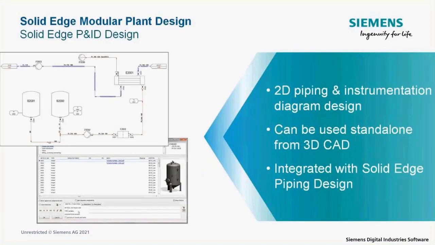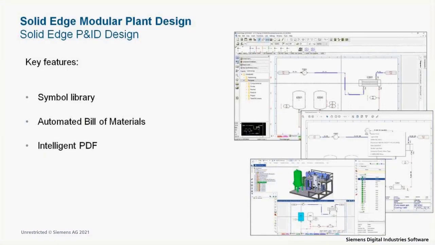All right. Now, this tool inside of the Solid Edge portfolio can be running all by itself independently, or we can integrate it with Solid Edge 3D piping design to communicate that more into a virtual world to create your full digital twin.